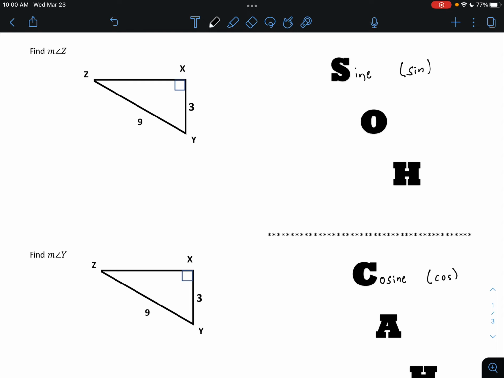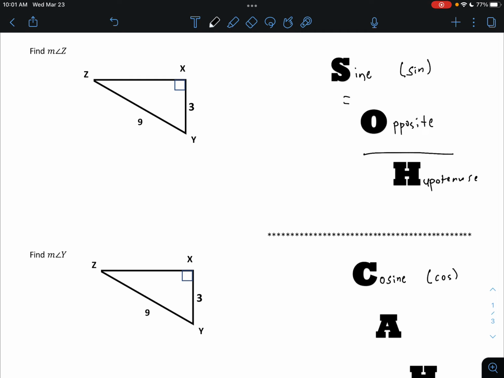Sine is defined as the opposite over the hypotenuse. So really, anytime we're dealing with the sine function, the sine is equal to the opposite over the hypotenuse.